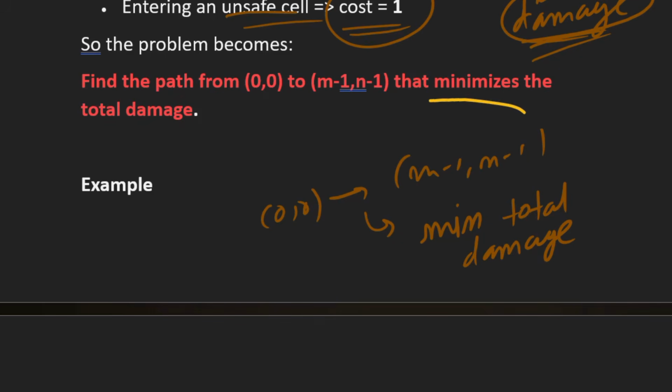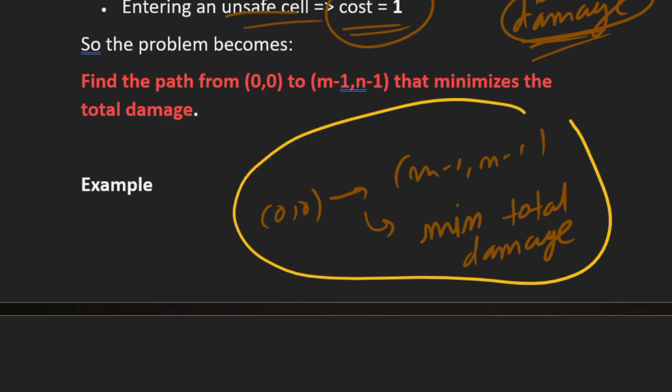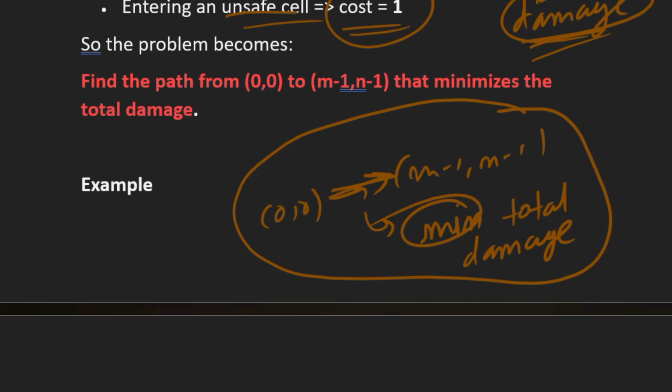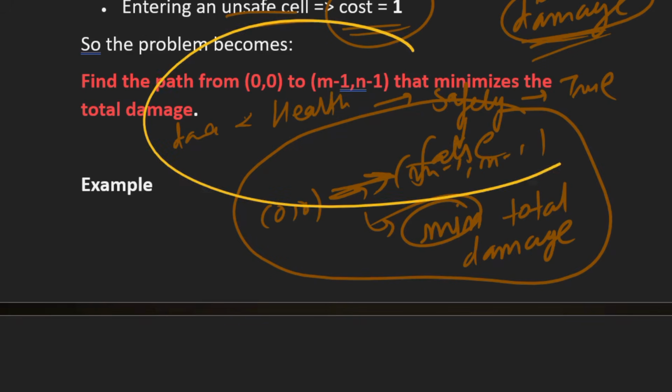And once we get the total damage, if that damage is less than our health, that means we have reached safely. So then we can return true, else we can return false.